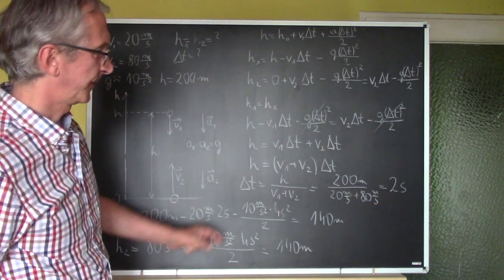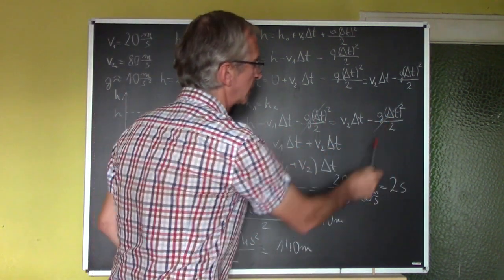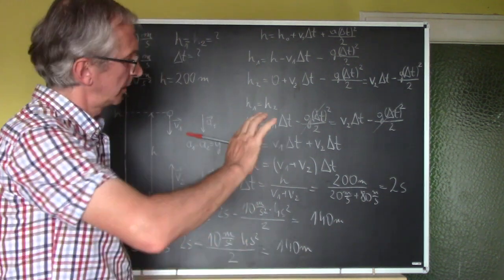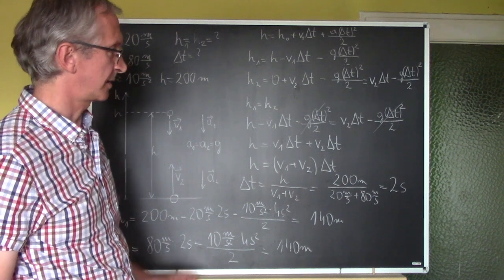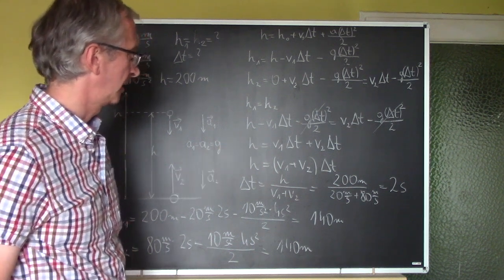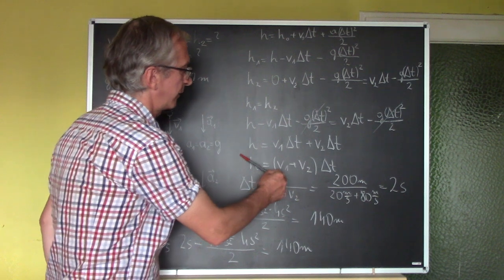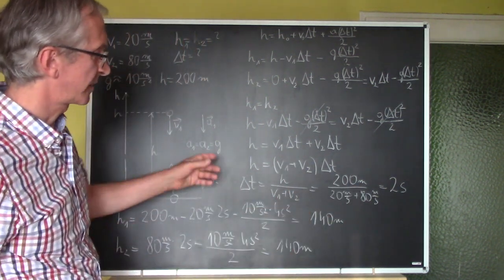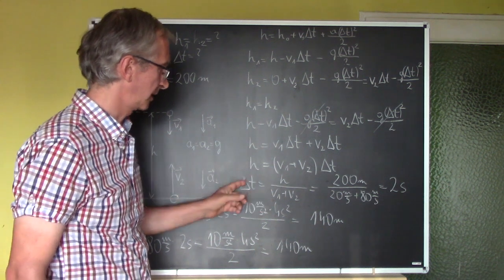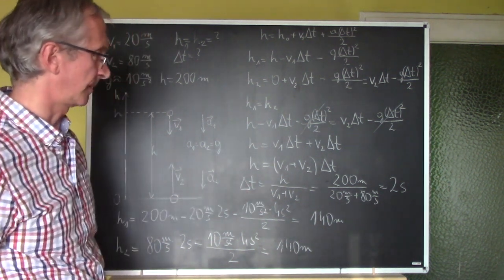We see that this last expression will cancel if we change sides of this equation, and we can transform this to this form and calculate delta t.